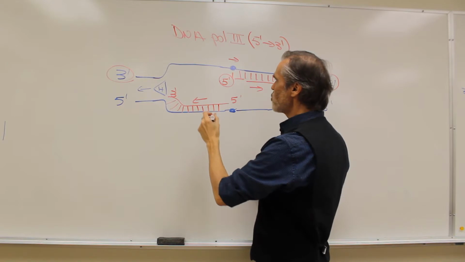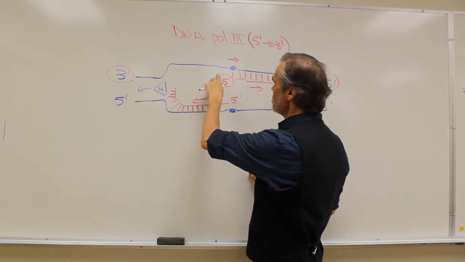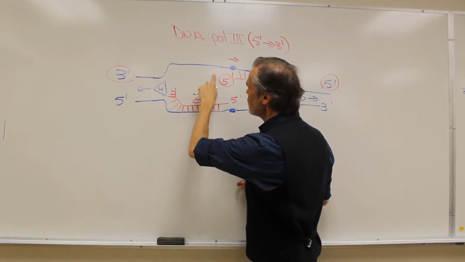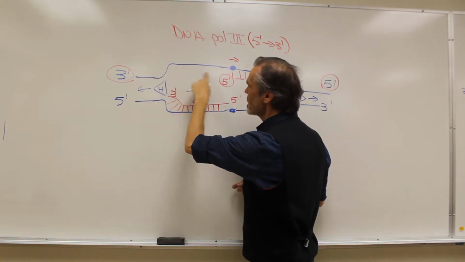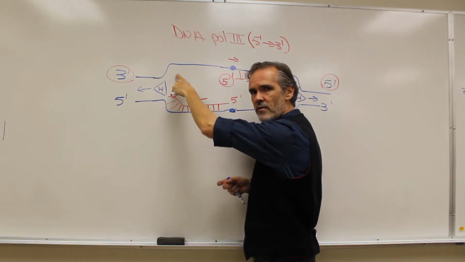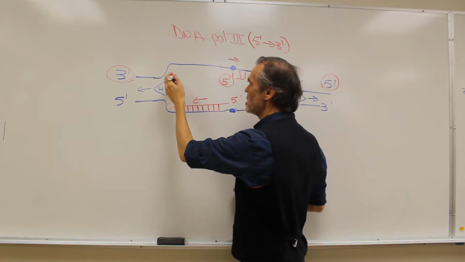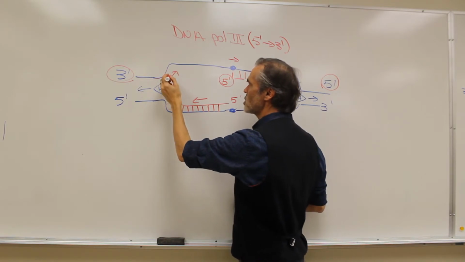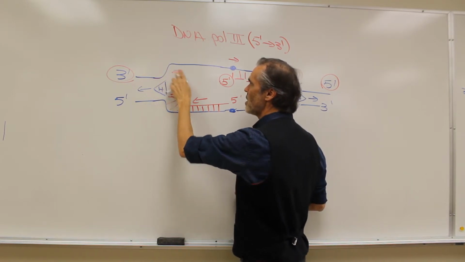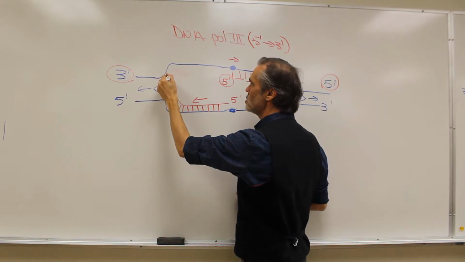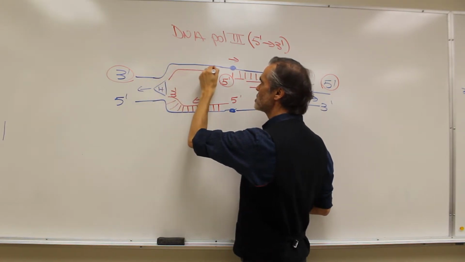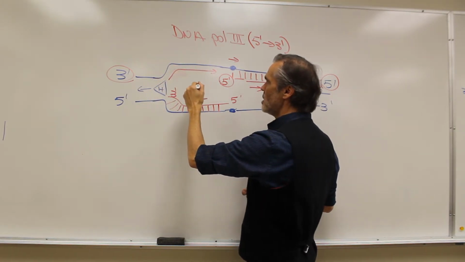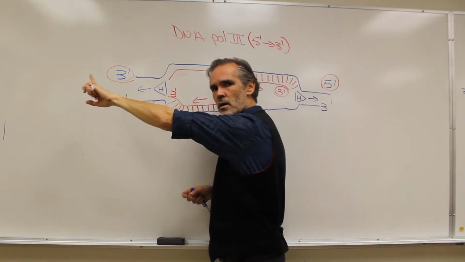Now, it reads in 3', 5' fashion, but if we want to duplicate this DNA at the top here, you see we have a problem because it needs to do it in this direction, right? So basically it will copy this in this direction, but this helicase is moving along.